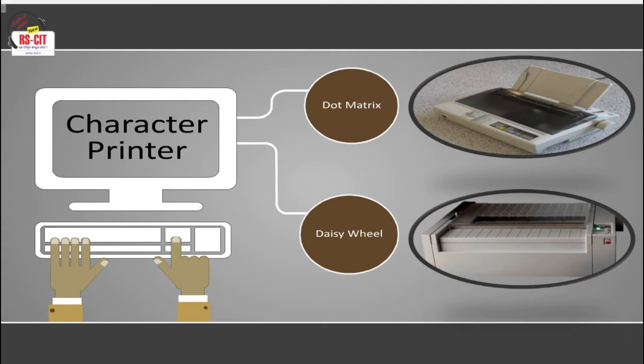For example, 9 pin heads produce draft quality text, while 24 pin heads produce typewriter quality output. Speeds range from 200 to 400 characters per second, that is CPS, which is approximately 90 to 180 lines per minute, that is LPM.